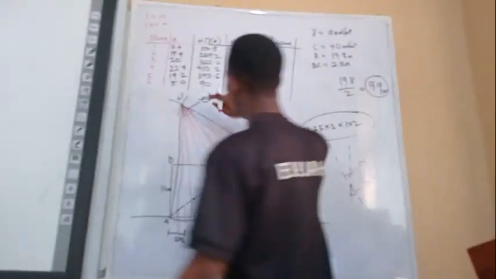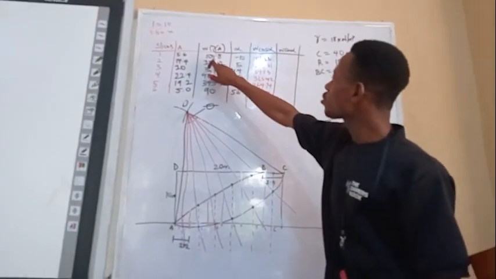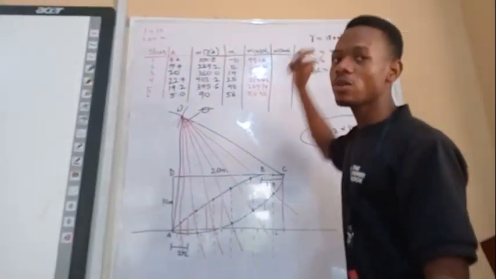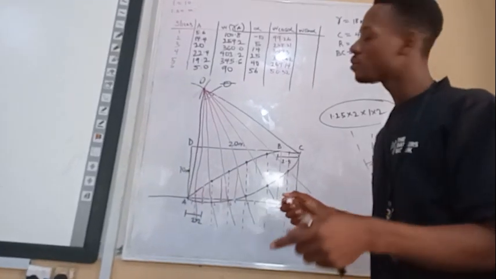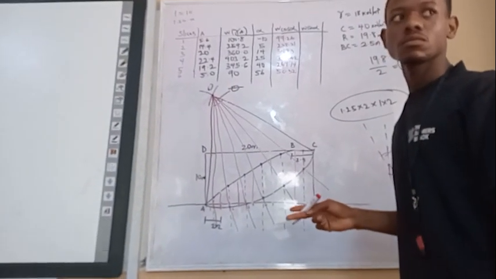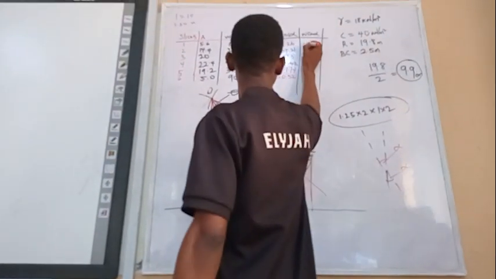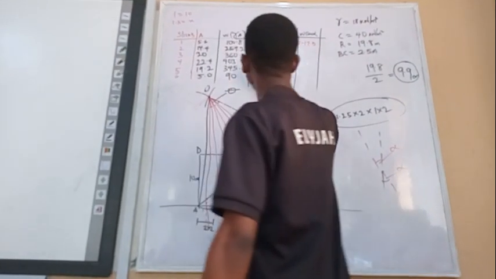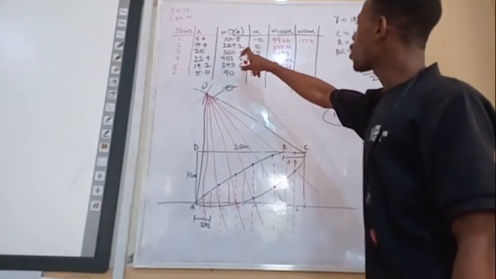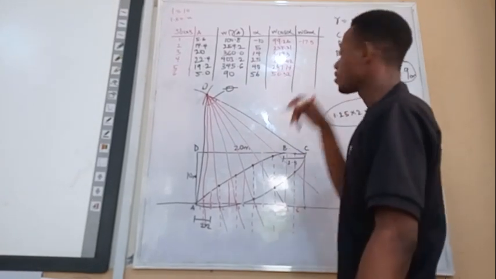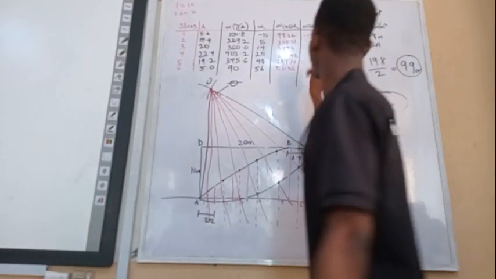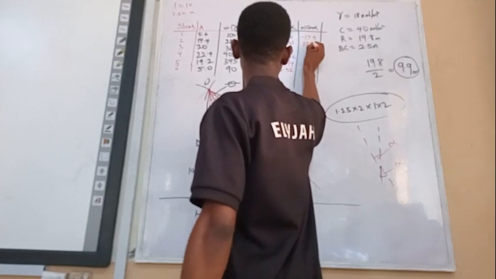So the next one, 100.8 sine minus 10. It should be negative. Minus 17.5. Then 259.2 sine 5. 22.59.